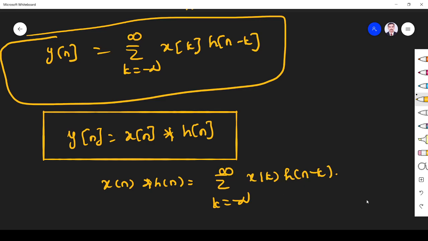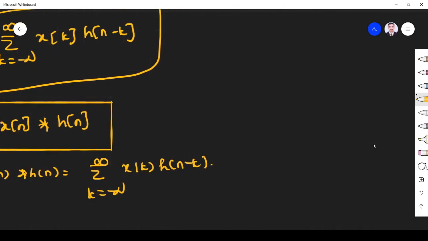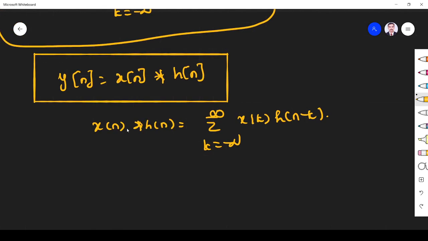This is called convolution. Fine. This is convolution in the summation form. That's why it is known as summation. Right? So this is convolution sum.